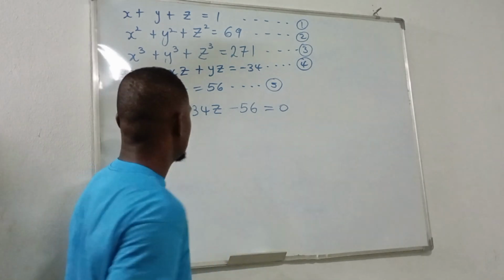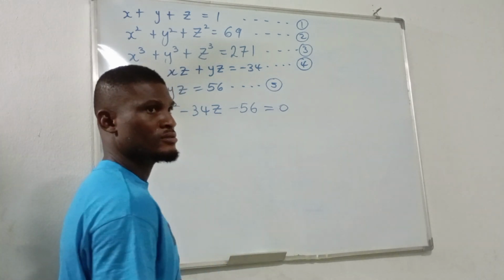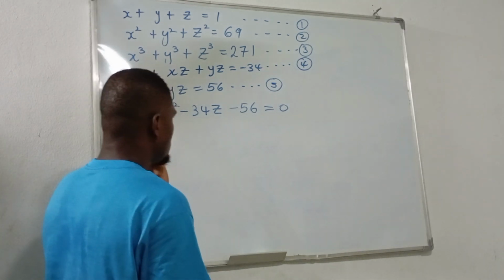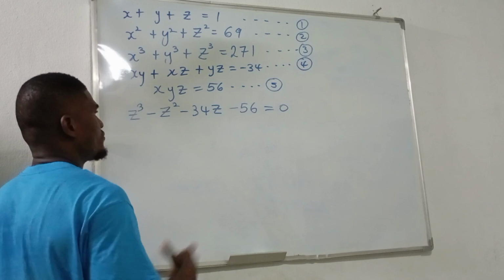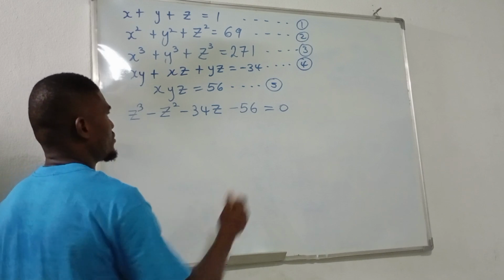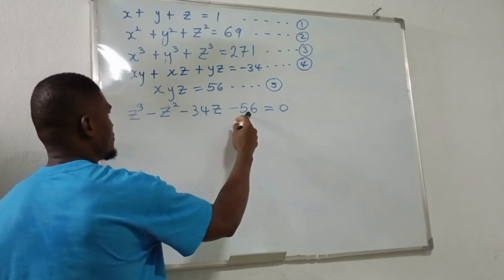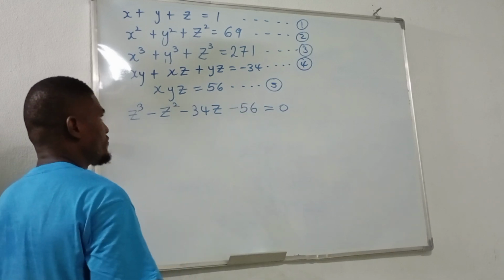So we're going to break this down to find the value of z. To find the value of z, we're going to find the factors of 56.